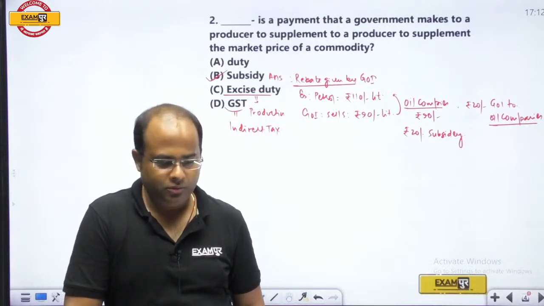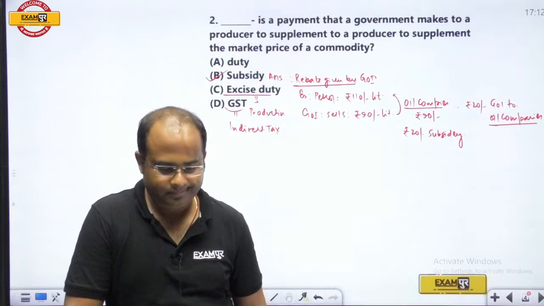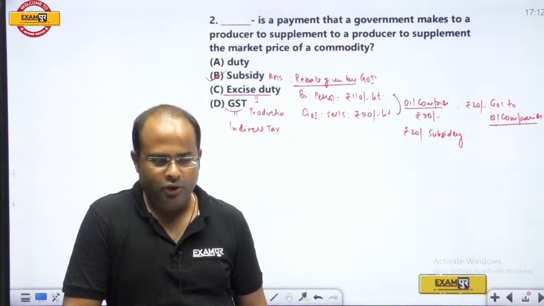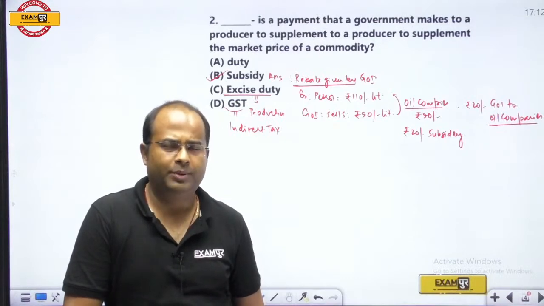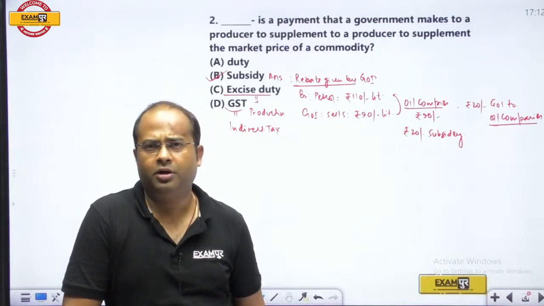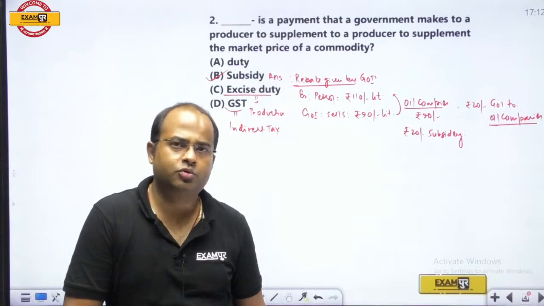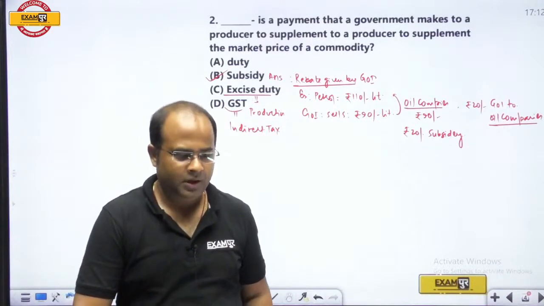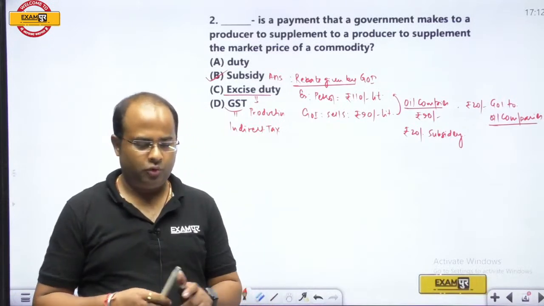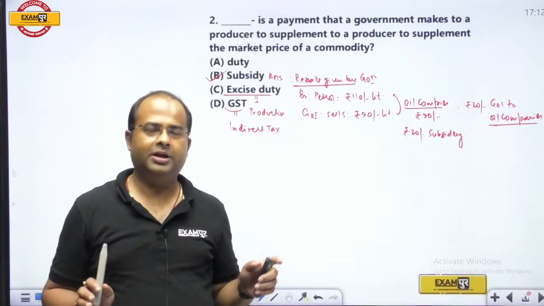Because there may be some person who cannot afford petrol at 110 rupees. Therefore, the Government of India, in order that the maximum population can afford this, gives the subsidy. So I hope it is clear to all of you, and especially, Ashwini, why rebate.